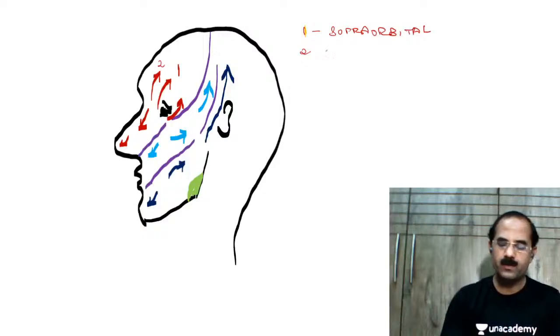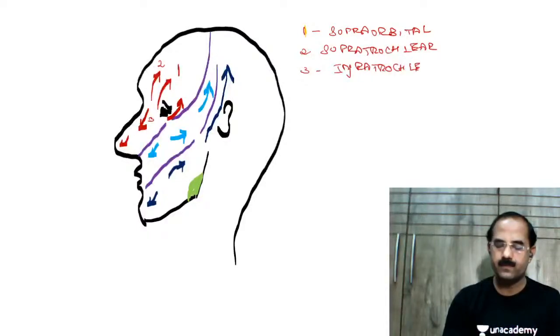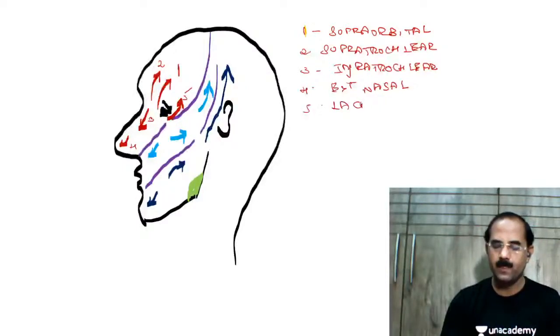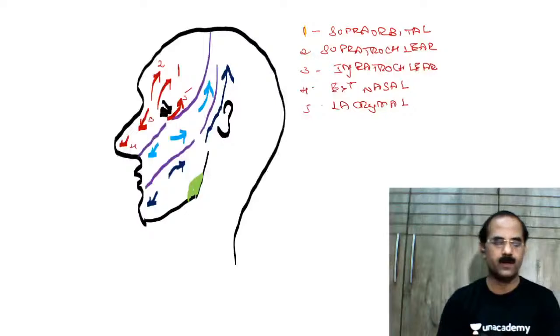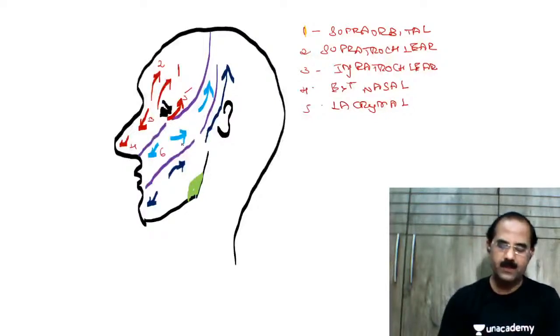Second, this you should know, supratrochlear. 3 is infratrochlear. 4, external nasal. And 5 is lacrimal. Okay, coming to the 6th, infraorbital.